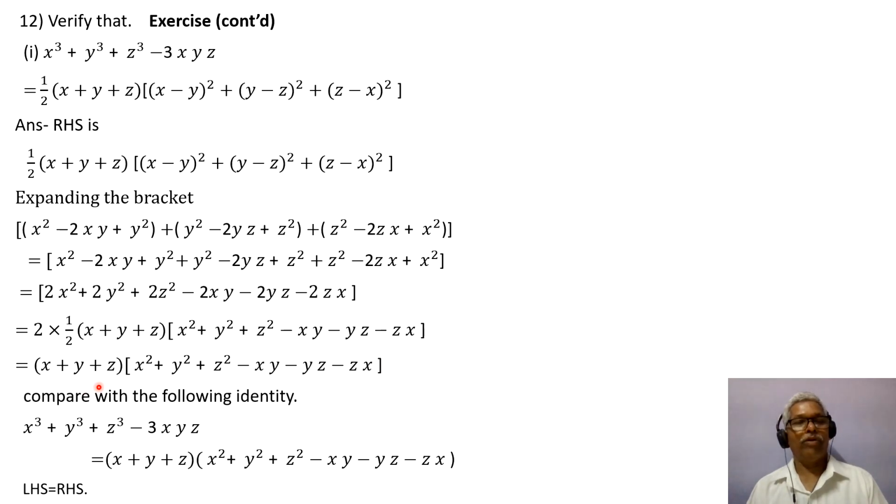Okay, now if you look at this, you can compare this with the identity x³ + y³ + z³ − 3xyz equals (x + y + z) in one bracket, and another x² + y² + z² − xy − yz − zx, bracket complete. Okay, so this is same as this. That means this is equal to this, so left hand side equals right hand side. Very simple.